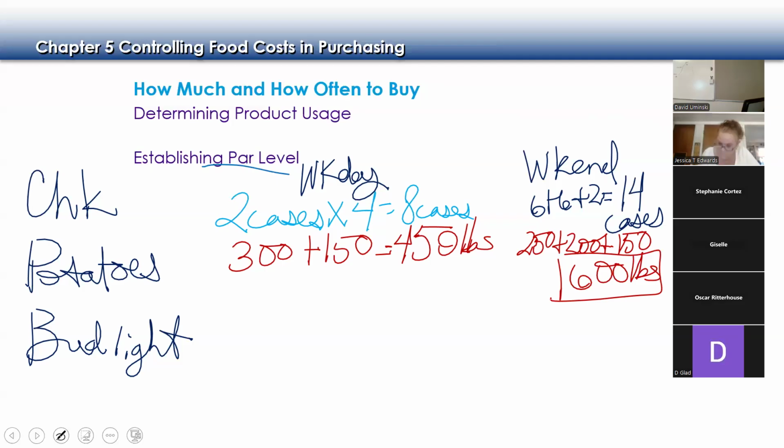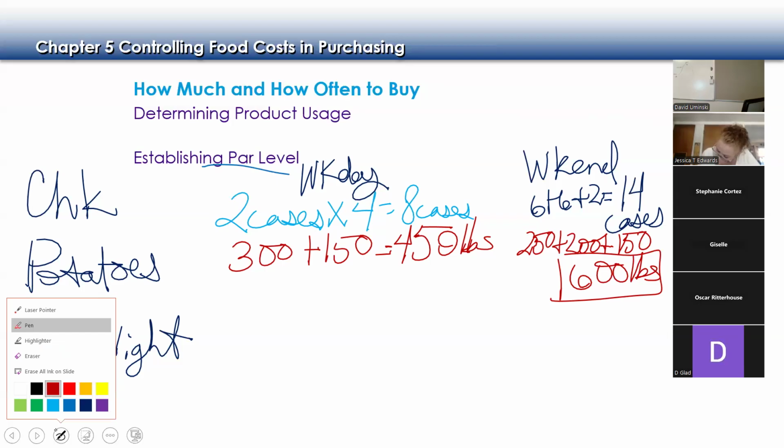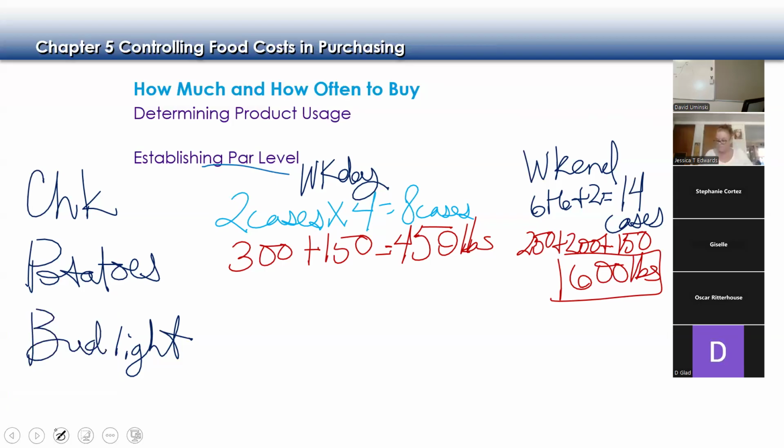Okay? Last one, Bud Light. Monday, Tuesday, Wednesday, Thursday. Is it all the same? Yes, all the same. So 1.5 times 4 days is equal to 6 kegs. So 6 kegs of beer to get me through the week. Friday, Saturday, Sunday. Is it all the same?